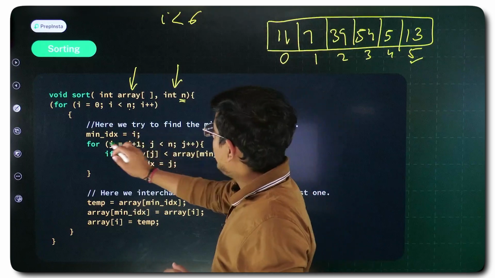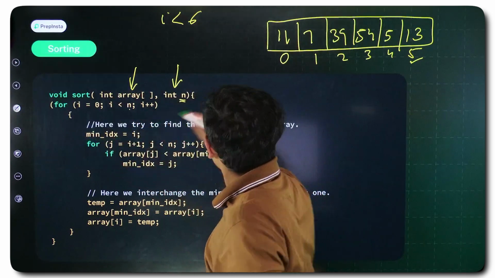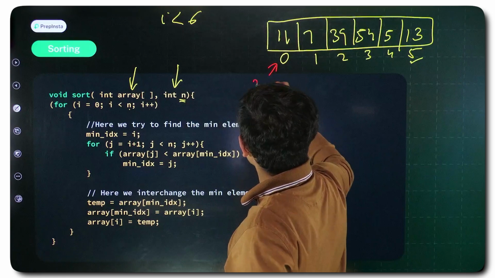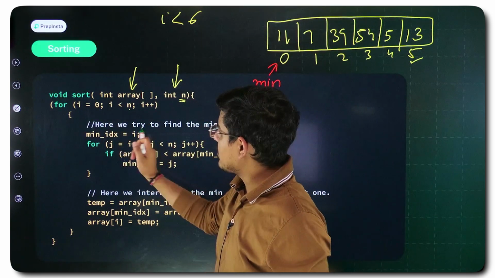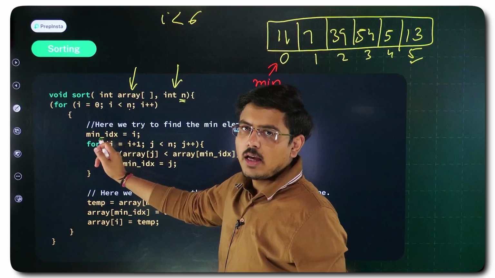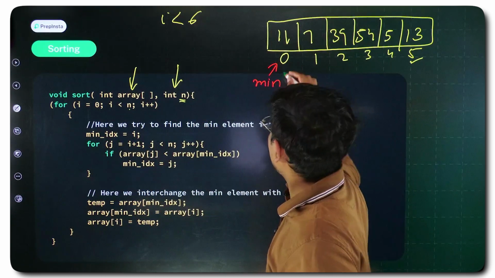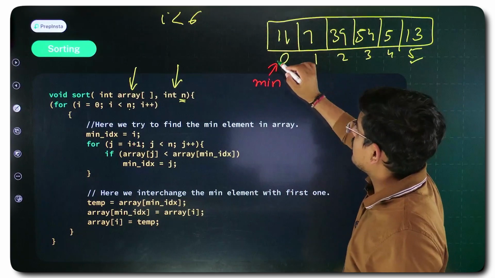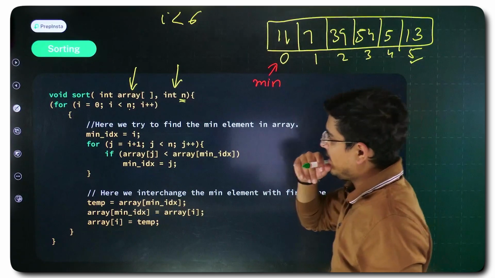So this pointer is set here. I'll show you. This is min right now. Why so? Because i is 0 right now, and the i value is assigned to this particular variable. So min is right now 0. The index that is stored in min is 0, fine.